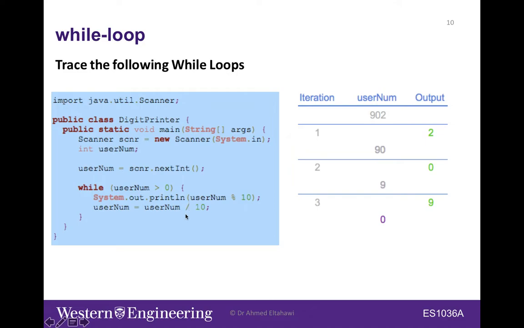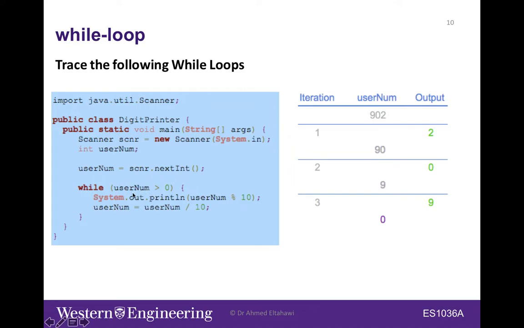For example, if this divide is replaced by multiplying, the number will increase, not decrease. So it will never reach zero, and I will forever stay inside this loop. So it's very important.